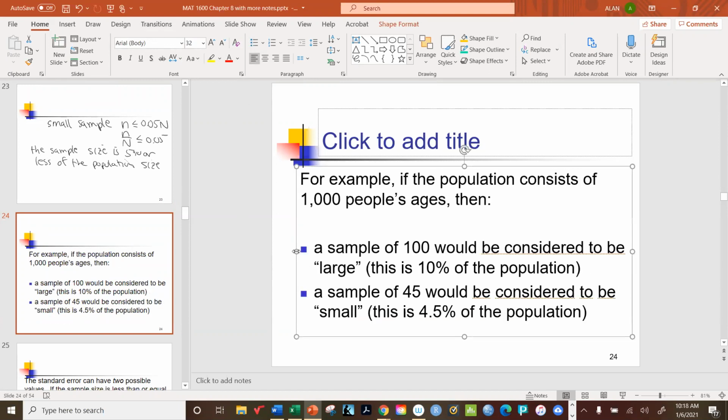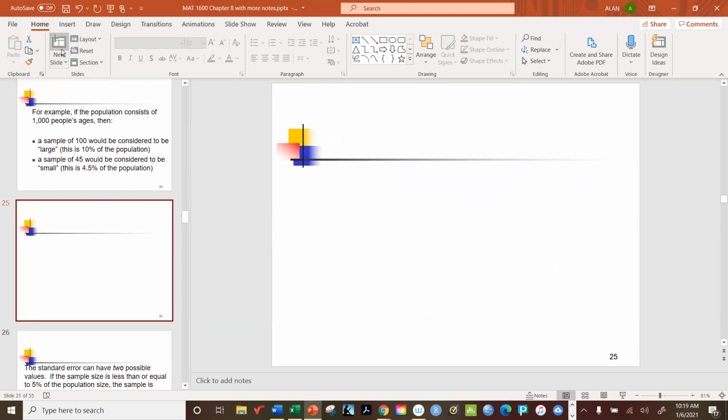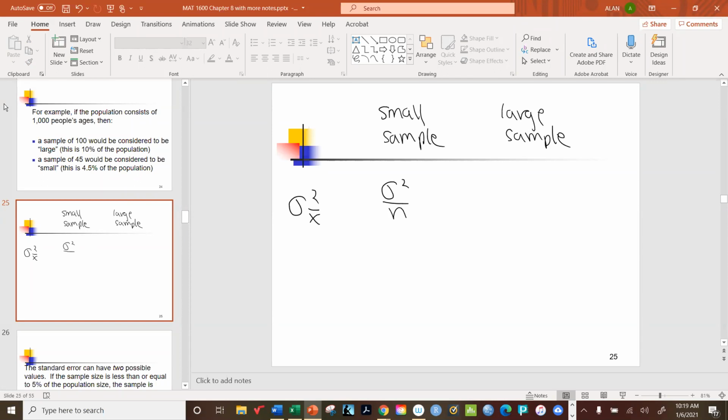Okay, now with all that being said, we can formally define the correct calculations for our variance and standard deviation or standard error. So we'll make a chart here. The variance here will be sigma squared over n, and with a large sample, we have an extra term here.